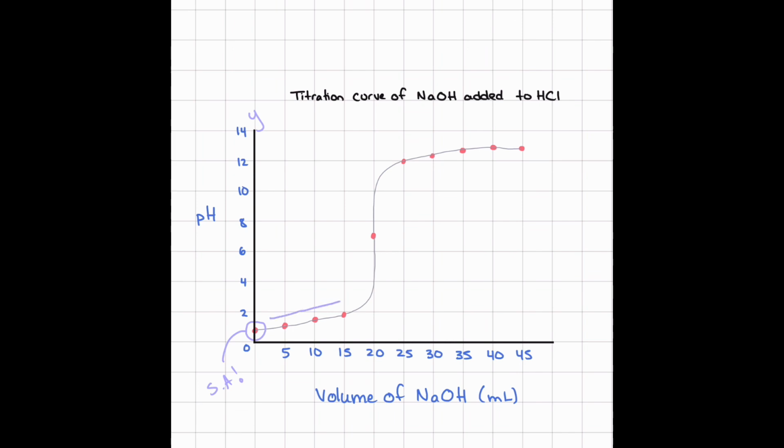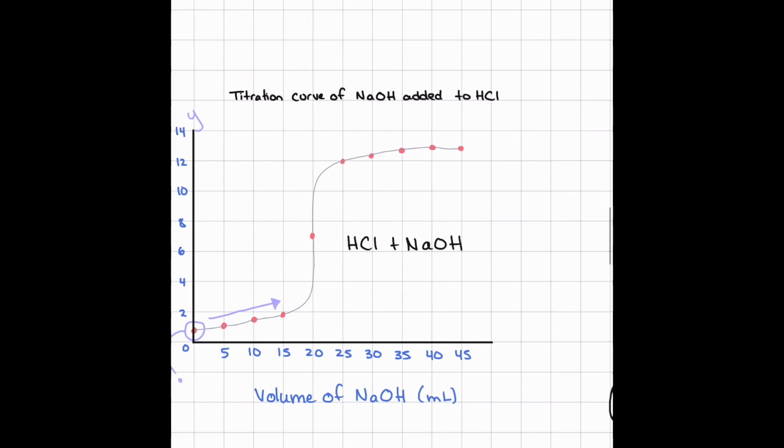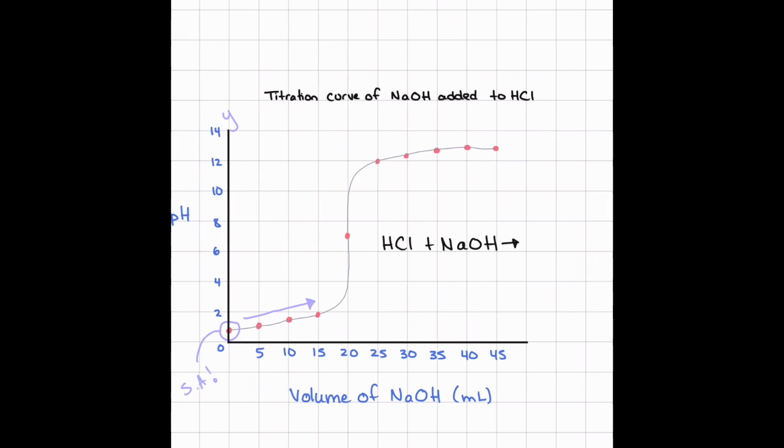As we move more to the right, so we're adding more NaOH, what is happening? Well, we've got this reaction going on. This is an acid-base reaction, more specifically a neutralization reaction.